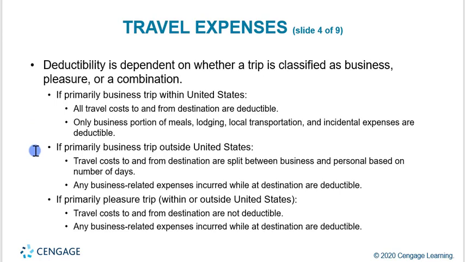If a primarily business trip outside of the United States, travel costs to and from the destination are split between business and personal based on the number of days. Any business related expense incurred while at the destination is deductible. If a primarily pleasure trip within or outside the United States, travel costs to and from the destination are not deductible. Any business related expense incurred while at the destination is deductible.